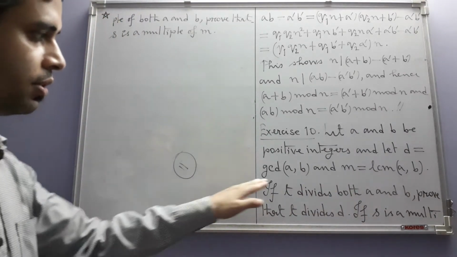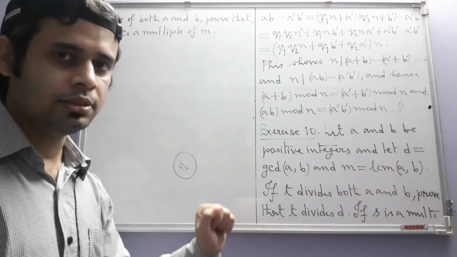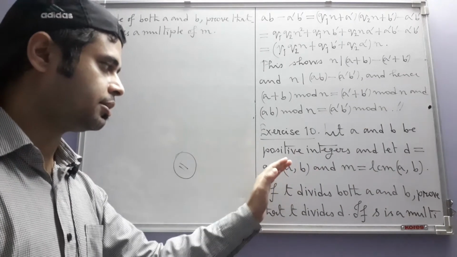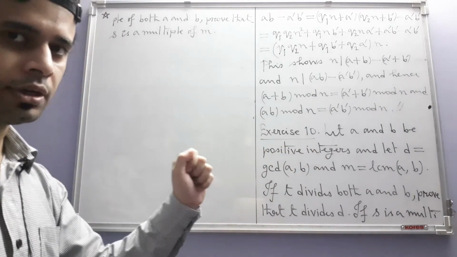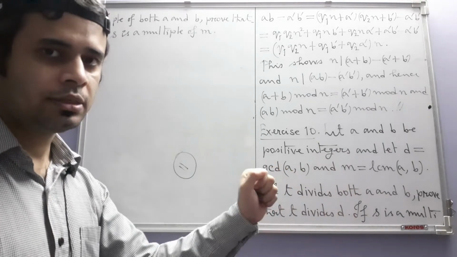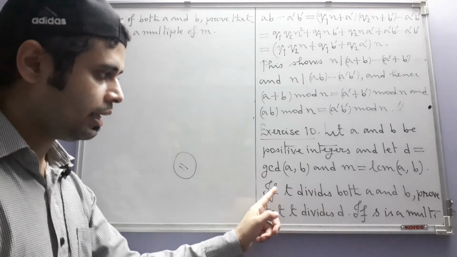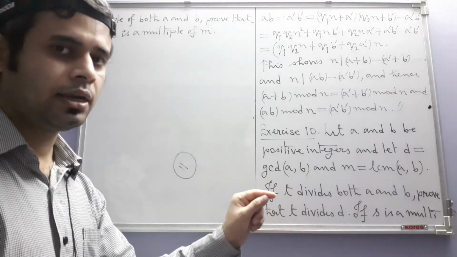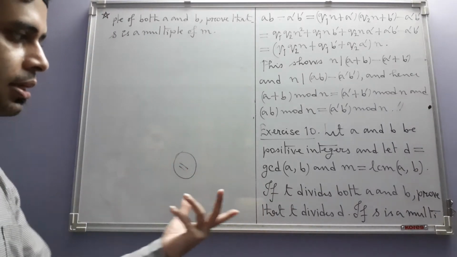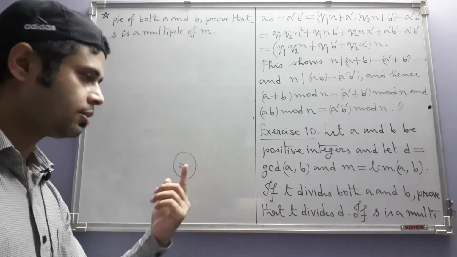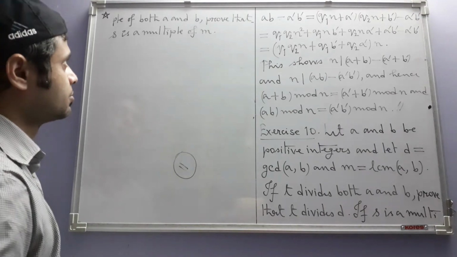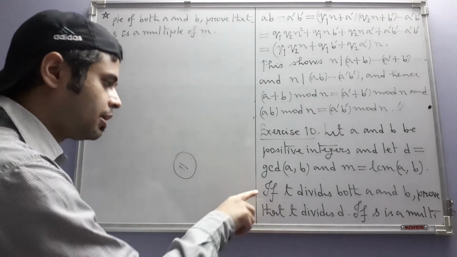Okay, if D is the GCD of A and B, then it happens to be a positive integer such that every common divisor of A and B also divides D. And this statement does not involve this greatest or least, this order relation. In fact, the converse is also true.